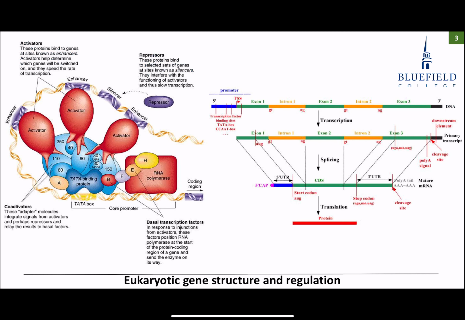And of course, you see the major agglomerate here of proteins consists of RNA polymerase, but before RNA polymerase can bind to the gene, to the core promoter, there are other factors, other proteins that have to be in place, like this TATA binding protein, all these basal transcription factors.